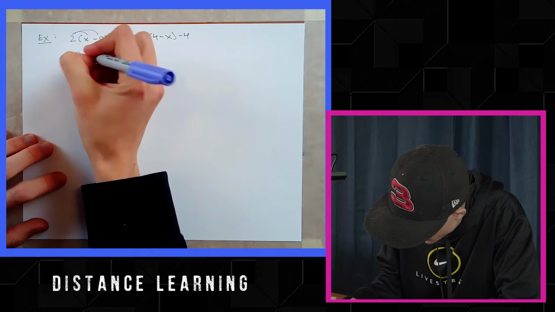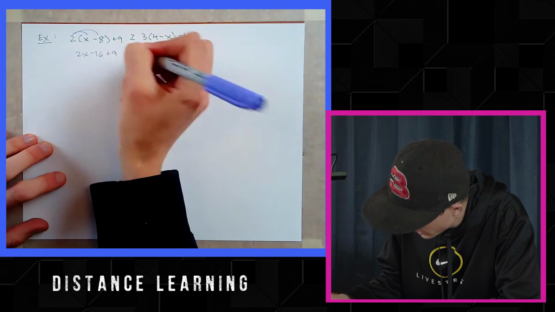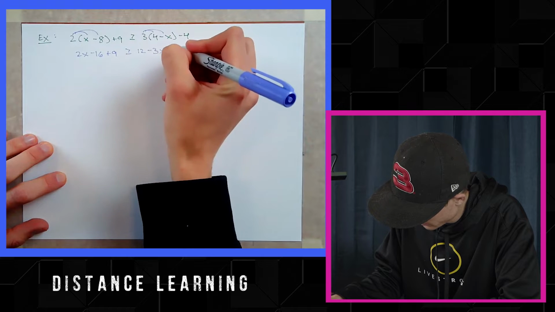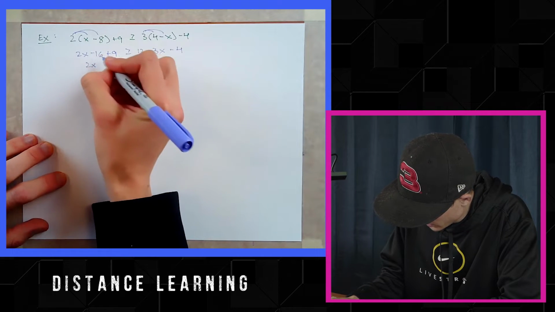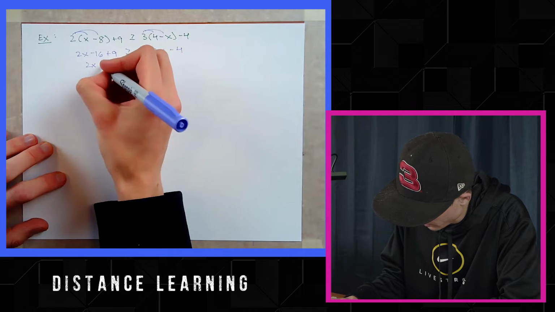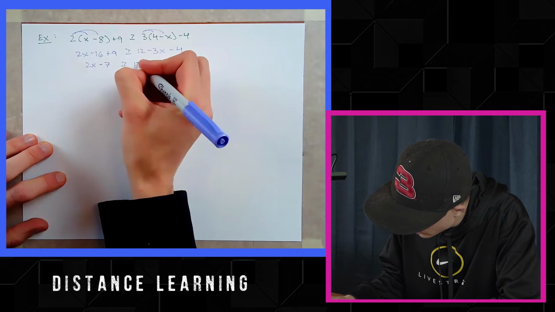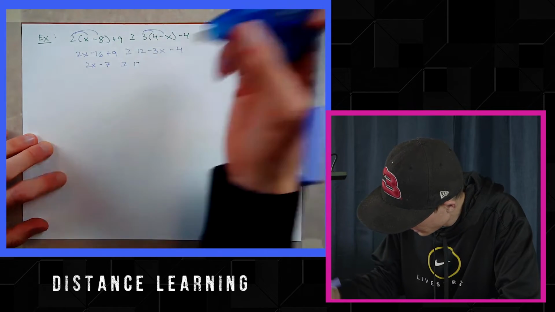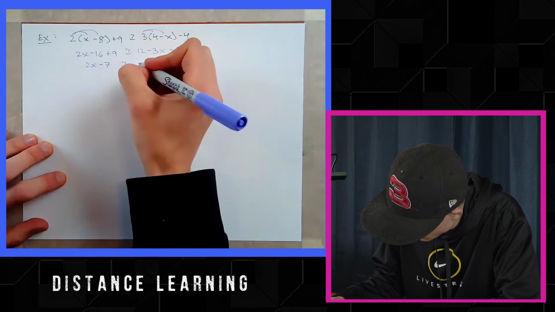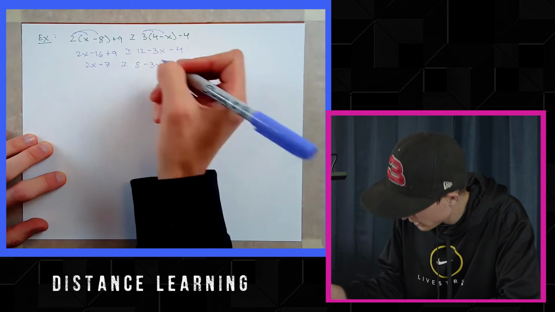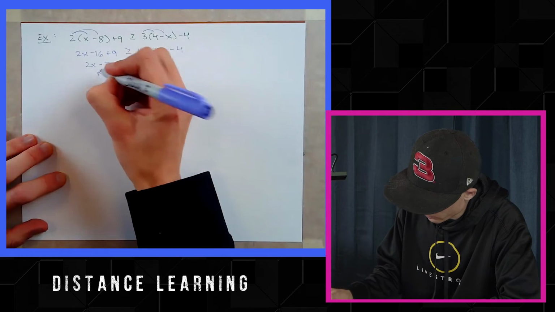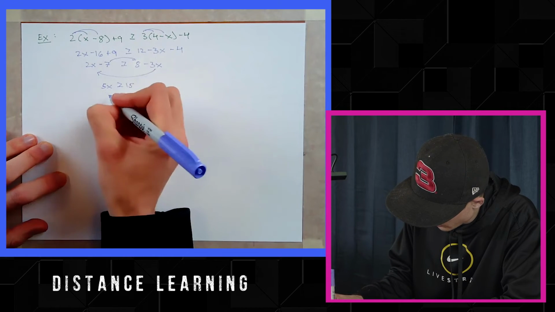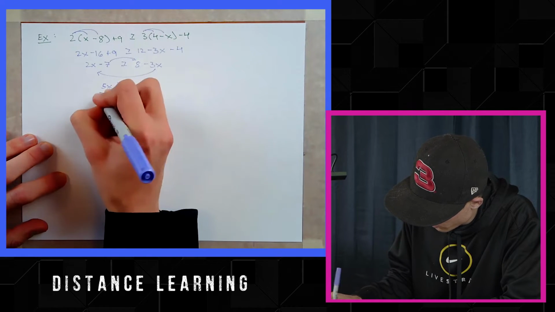Now, hopefully y'all remembered if you divide by a negative, you're going to want to flip the sign. Negative 16 plus 9, minus 7. 12 minus 4 is 8. Minus 3x. I'm going to put the 3x over there. So I have 5x. I'm going to add 7 over here, so that I have 15. I'm going to divide by 5. X is greater than or equal to 3.